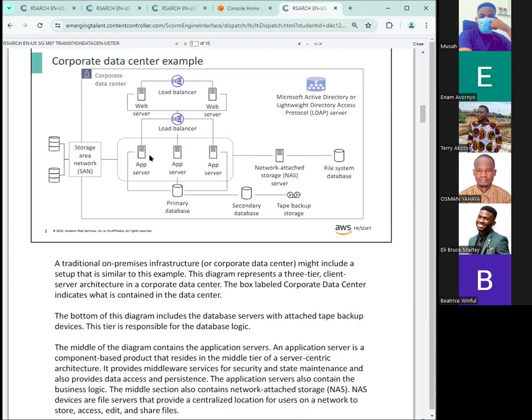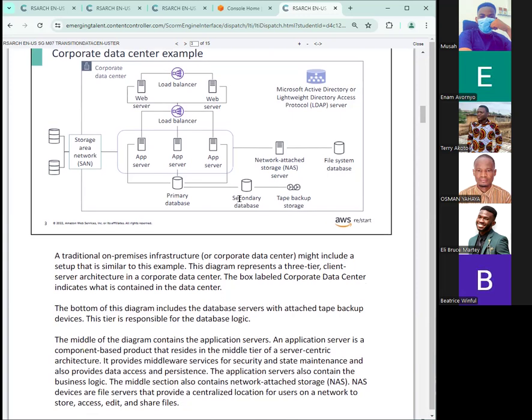They would be stored in the network attached storage server. And then they also have a file system database too. Yeah, so that's what this setup does. Each layer has something that it stores or some function that it serves.